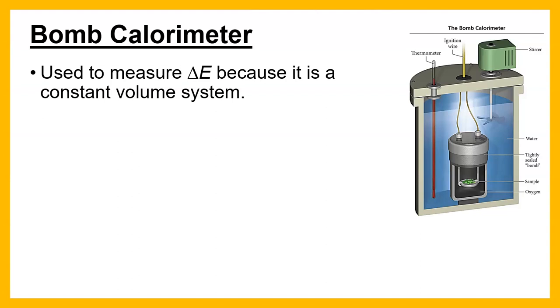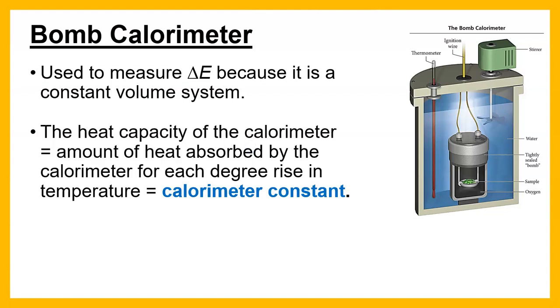One thing that comes into play here is the heat capacity of the actual calorimeter. The calorimeter itself can absorb energy. And so you have to know how much energy it will absorb so you can take that into account of your calculations. One of your labs is going to ask you to figure out how to come up with that calorimeter constant. You'll research on the internet and find a procedure for how to do that.